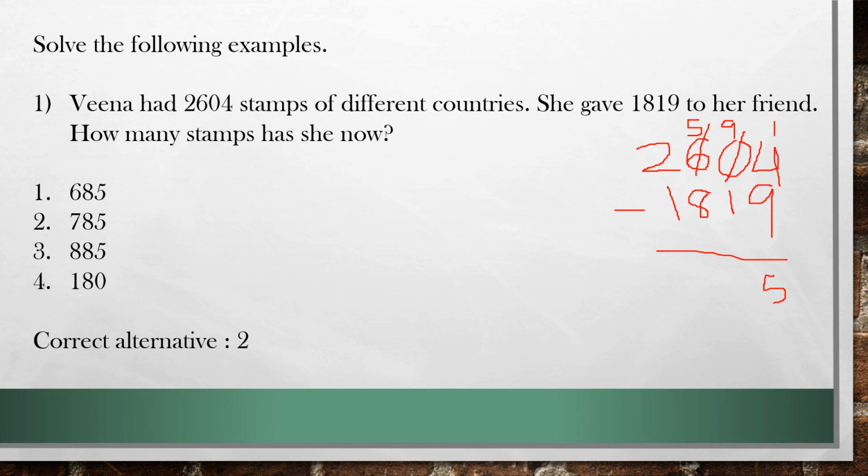Okay? 9 minus 1 gives you 8. Again, 8 from 5? No. So if 8 is taken from 15, what are we left with? 7. Alright, so the correct alternative is 785 and option number 2 is the correct alternative, that is 785. Okay, I hope this is also clear.